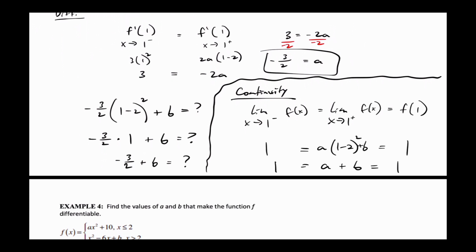So there I can plug in a, negative 3 over 2. That's the other side of this guy, right? The part I was missing. Add 3 over 2 to both sides. b equals 5 over 2, because this guy's 2 over 2. So 5 over 2.